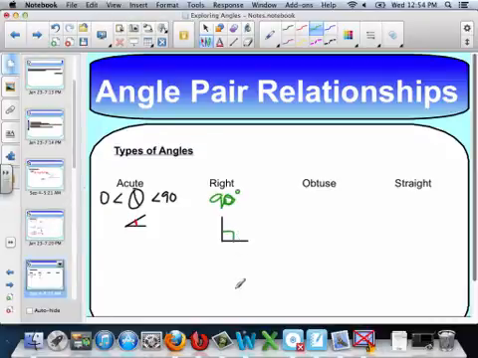Okay. What about obtuse angles? Zane? It has to be above 90, so 91 to 179. What about 179 and a half? Yeah, I guess. So what are the limitations? It has to be between 90 and 180, but not include those.